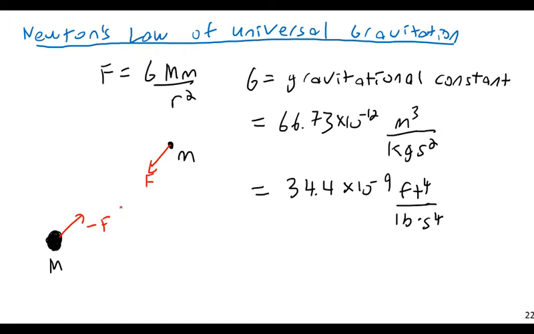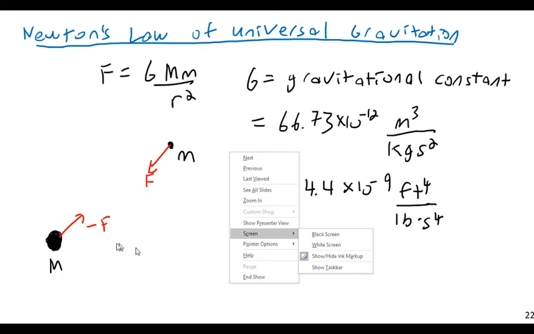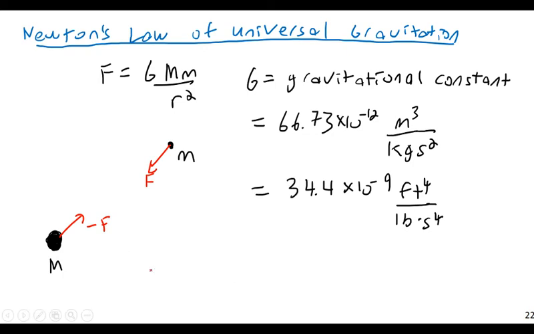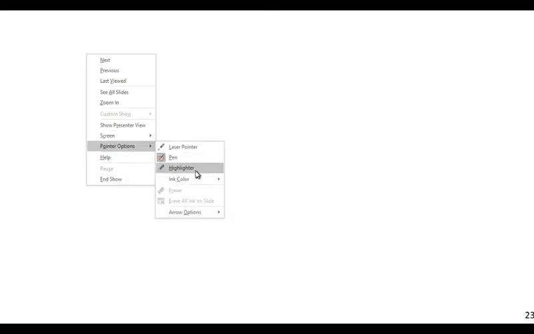Let's talk a bit about relative masses and the motions of orbits. In most of our analyses, we are going to deal with situations where one body absolutely dwarfs the other body.